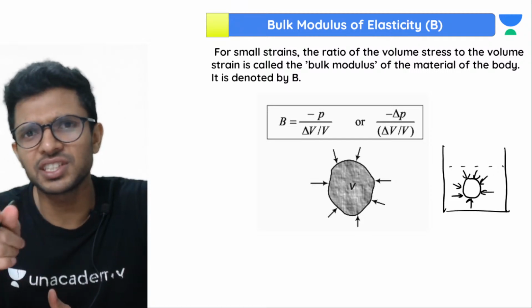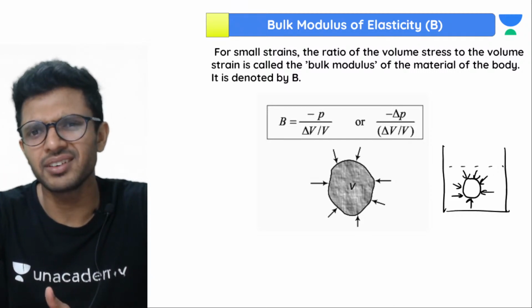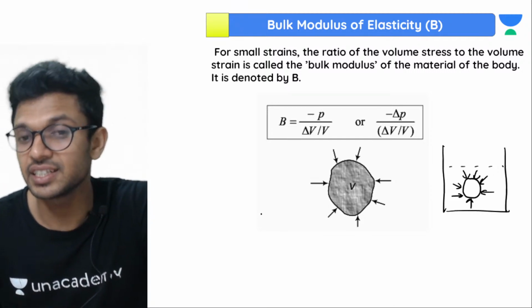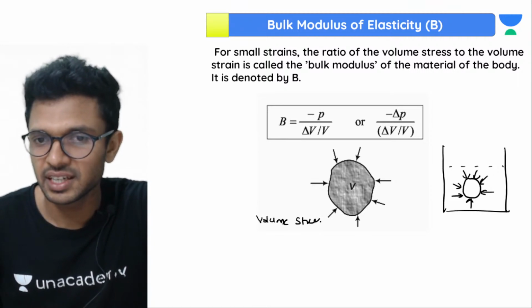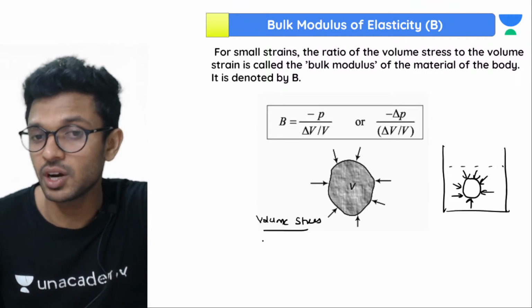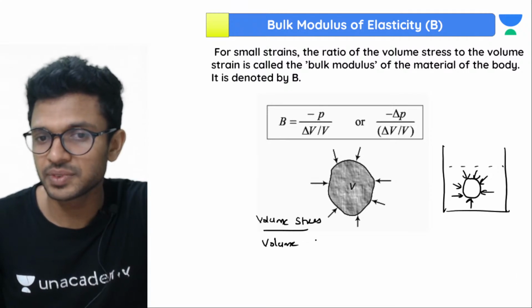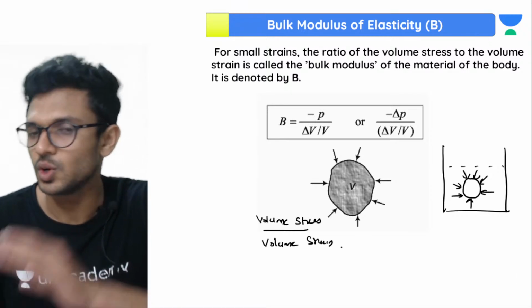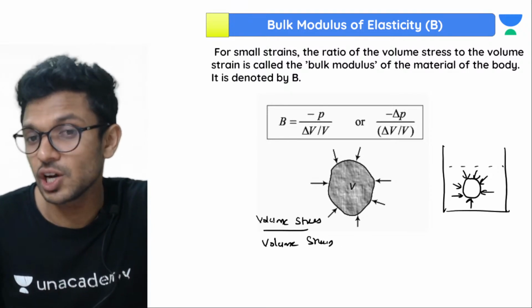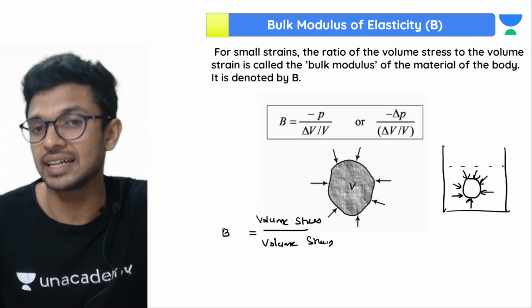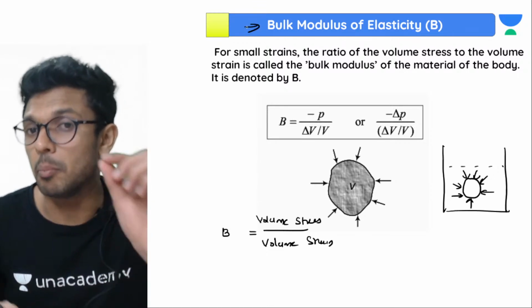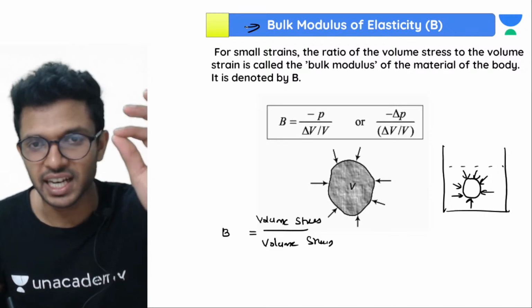So here the stress developed, we call it the volume stress, right? And the strain developed here, we call it volume strain, right? So the ratio of volume stress to volume strain, we call that modulus of elasticity with the name of bulk modulus of elasticity.